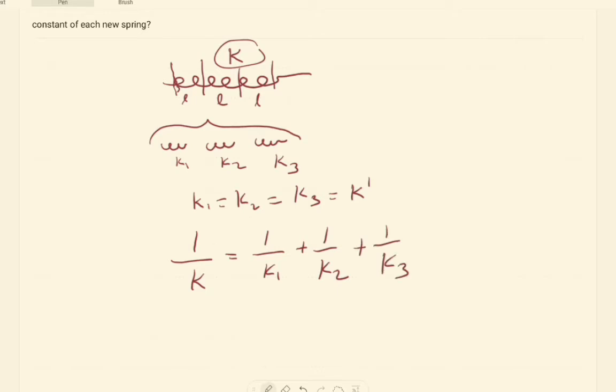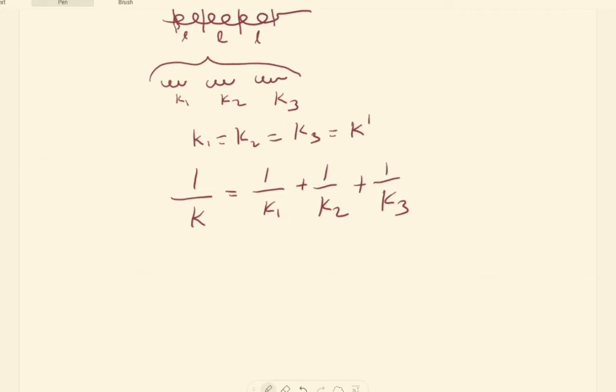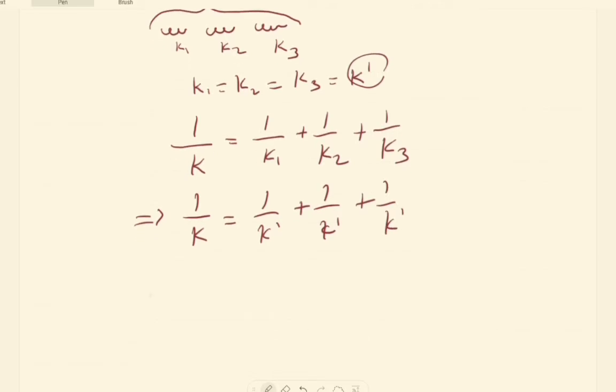We have seen this previously. So it would be easy to find the new spring constant k prime. This reduces to 1 over k equals 1 over k prime plus 1 over k prime plus 1 over k prime. In fact, one can find from this relation that 1 over k is simply 3 over k prime.